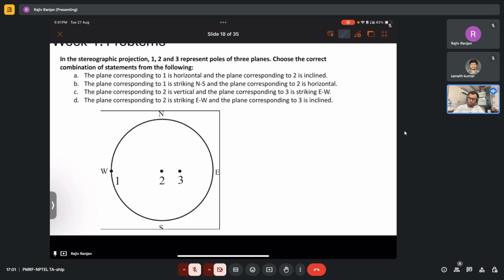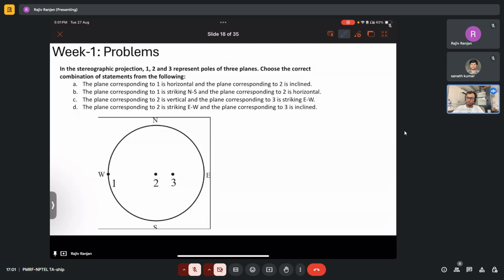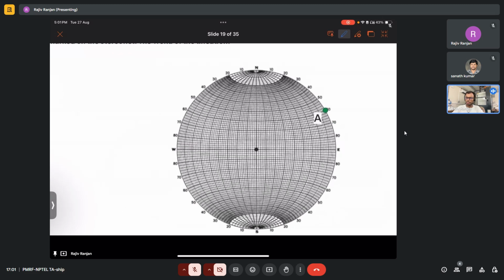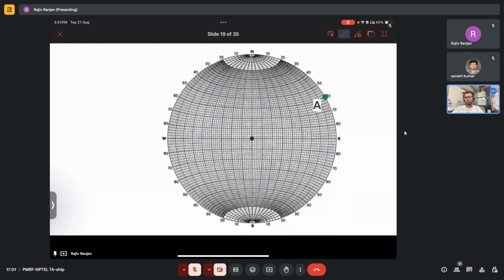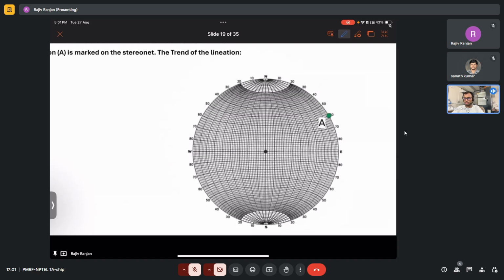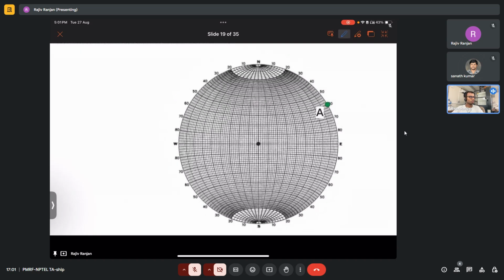Have you seen a stereographic projection like this? No. Okay. So I would suggest you go through the week one last lecture. There Sir has explained in a very nice way what stereographic projection is, what we do, and how it gets produced.